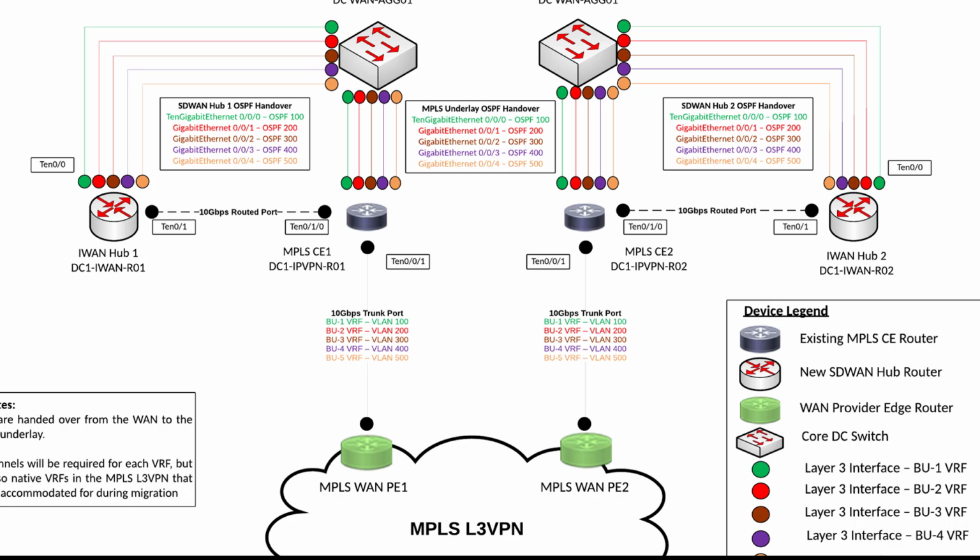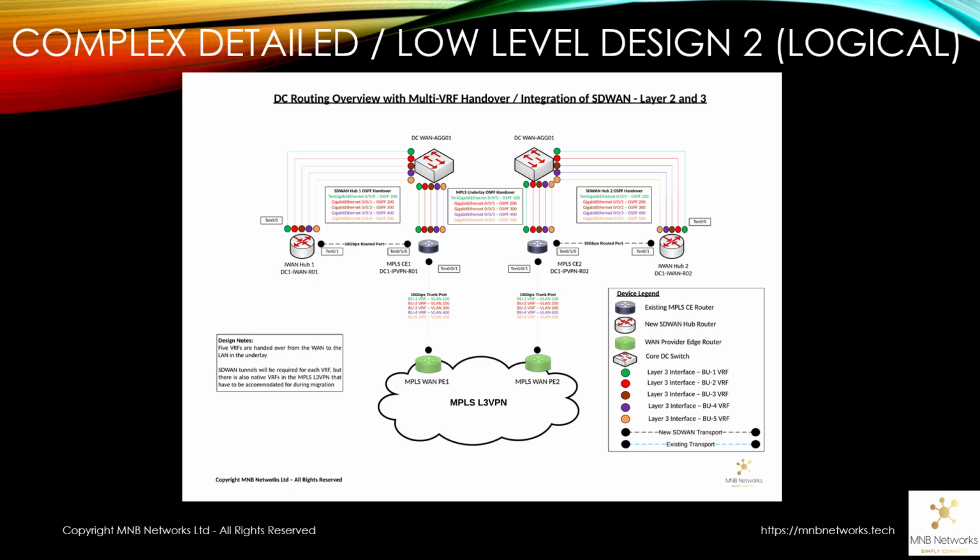You then see, if you look at the handoff from that MPLS CE1 to the data center aggregation switch, then 10 gig 0/0/0 correlates to OSPF 100. So here what we're really saying is that VLAN 100 corresponds to OSPF 100, and those are both green.